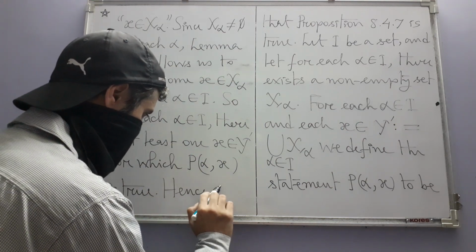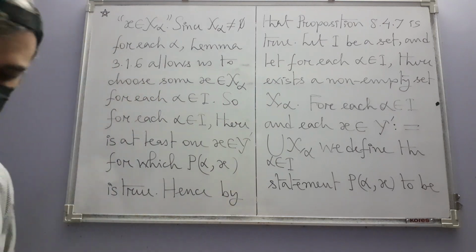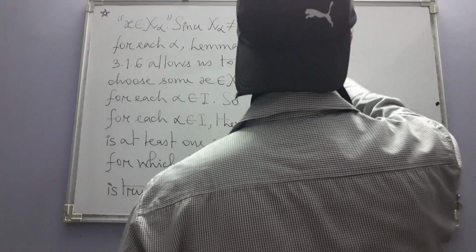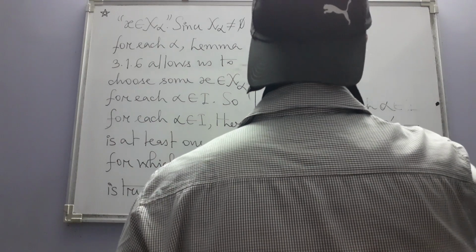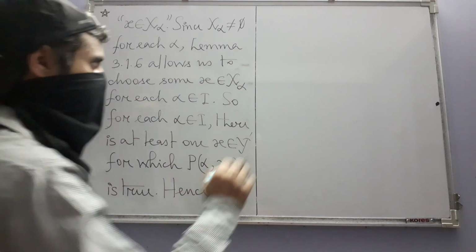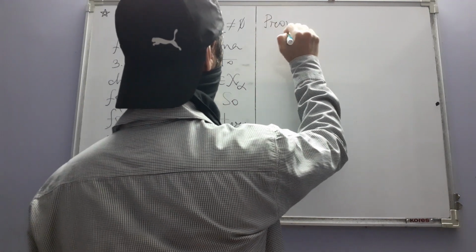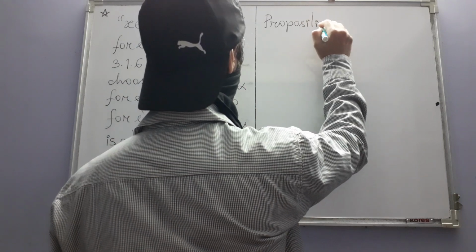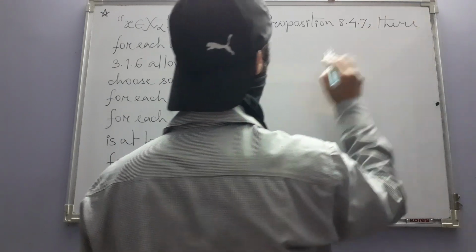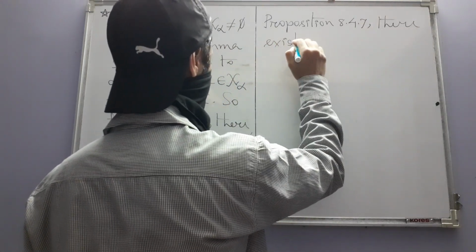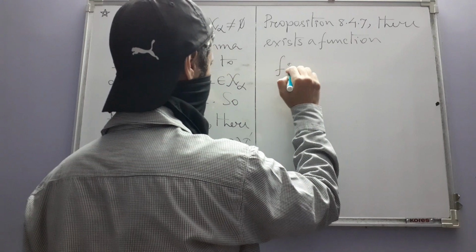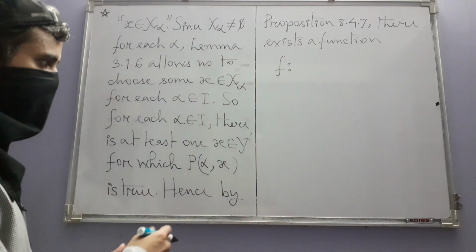Hence, by proposition 847, there exists a function f, okay, from the first set to the second set.